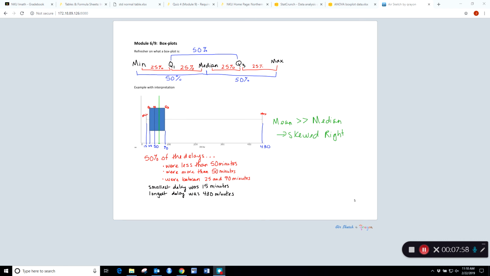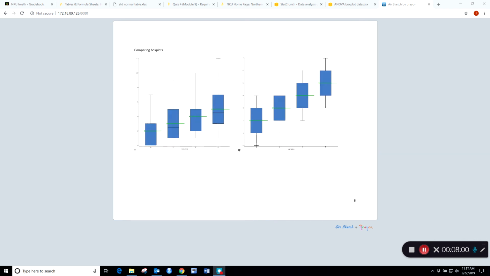Now let's talk about how this pertained to what we were doing with ANOVA and comparing the box plots. When we're talking about that F statistic, we're trying to compare where the means are compared to how much variability is going on in these boxes themselves.